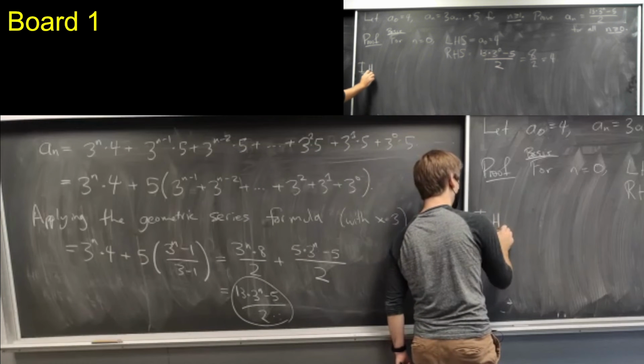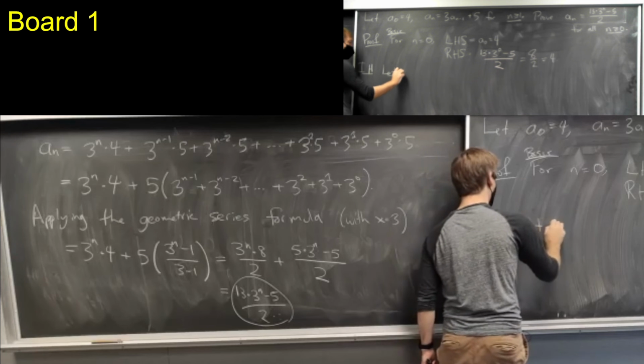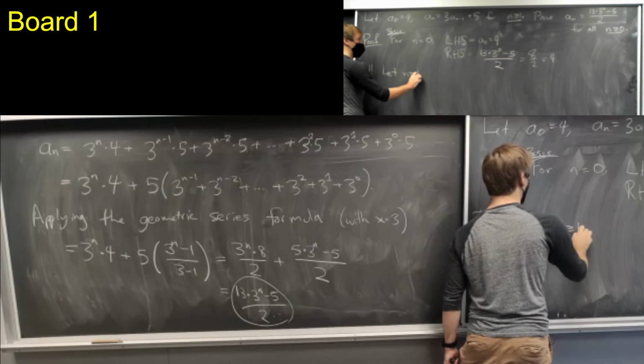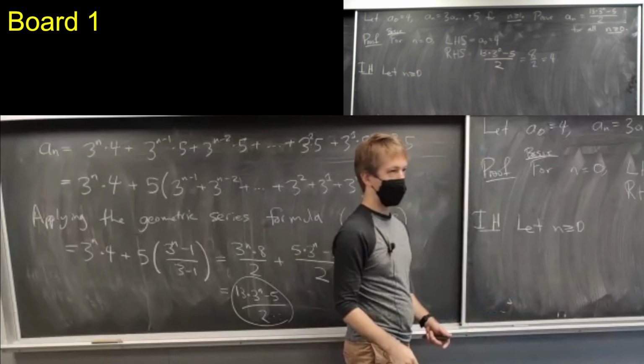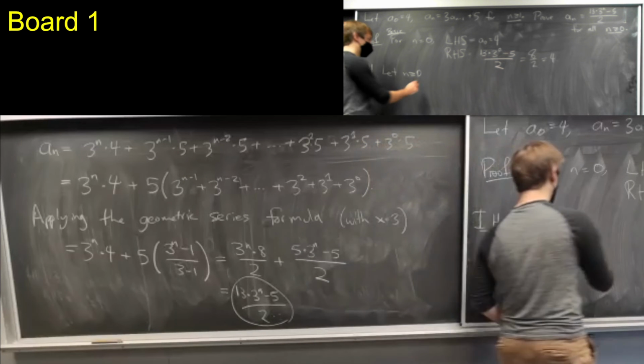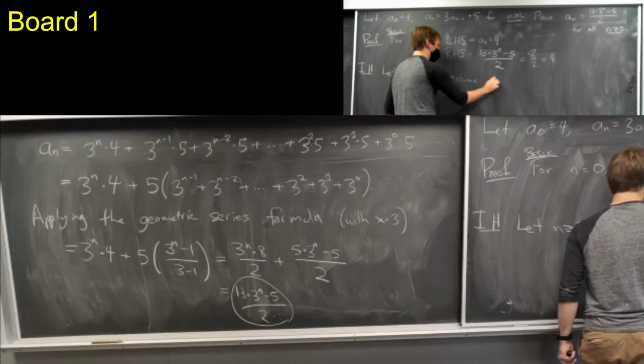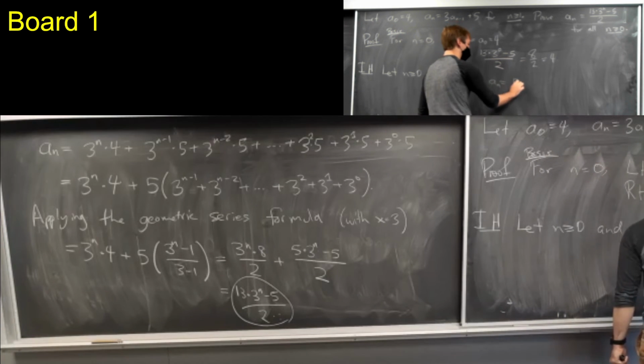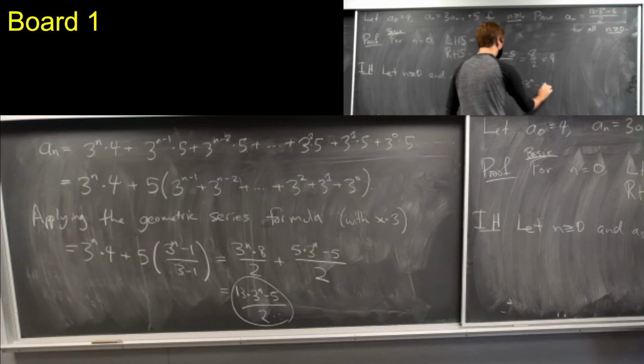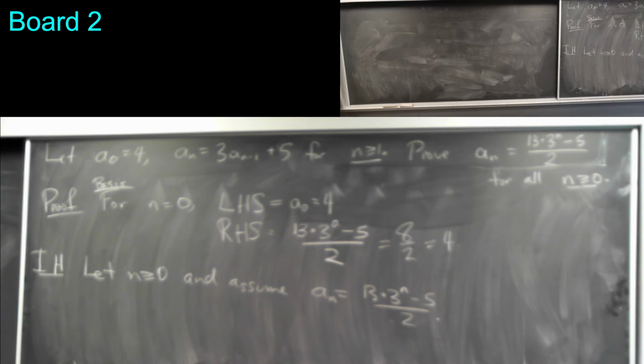Inductive hypothesis: let n be at least 0, because that's our last basis case, and assume that AN is equal to 13 times 3 to the n minus 5 over 2. So what should I do for my inductive step? We want to prove something.